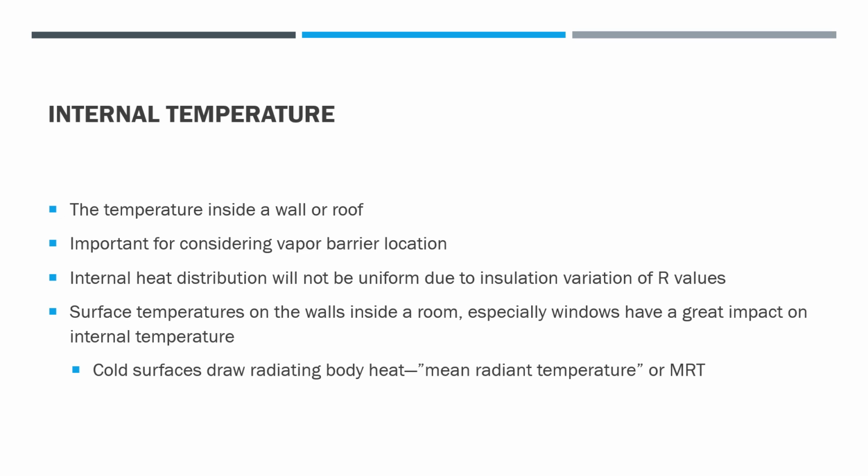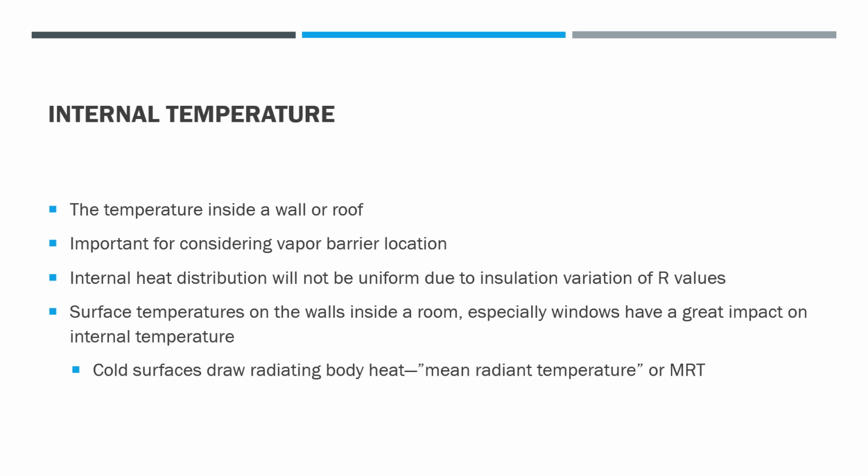It's the temperature inside a wall or roof. Pretty simple. It's important for considering vapor barrier location as well. I forgot word for word what the book talked about, but it's important to determine what our internal temperature is going to be depending on what the purpose of the building or the room itself is going to be.